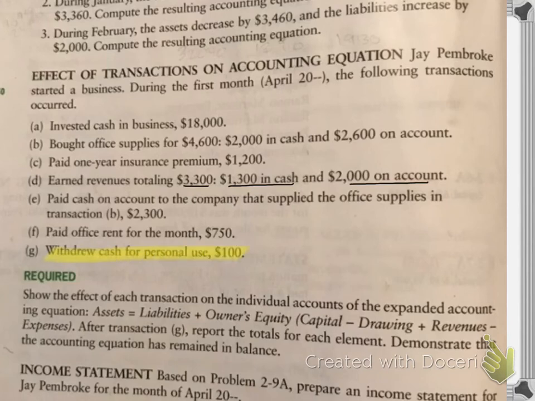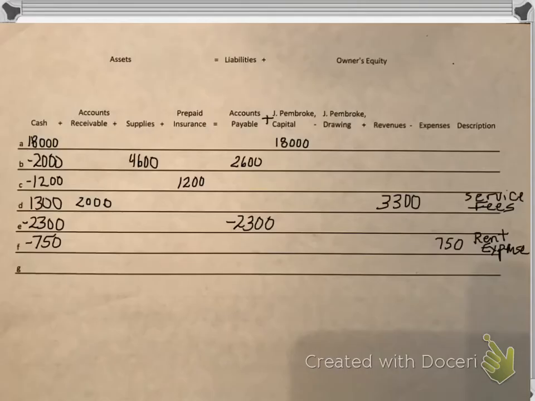Our last transaction says withdrew cash for personal use. So the owner took $100 of cash out of the business for personal use. And if you remember, as we went through the chapter, when the owner takes money out for personal use, it is drawing. So the two accounts that are affected in this transaction are J. Pembroke drawing and cash.